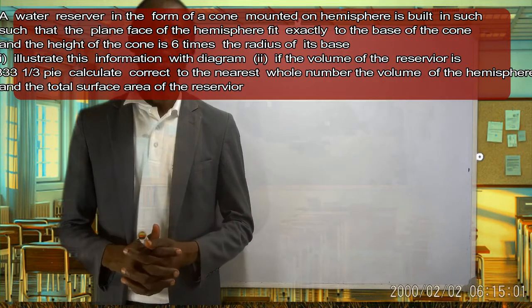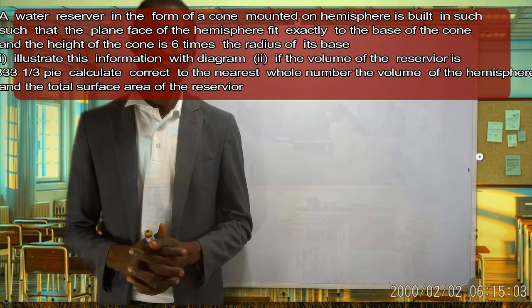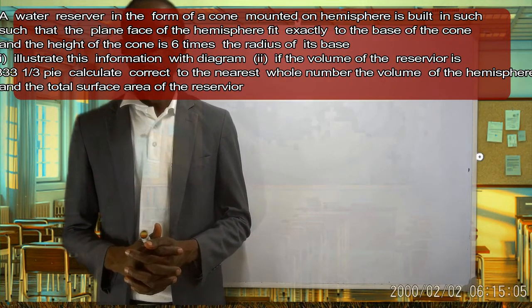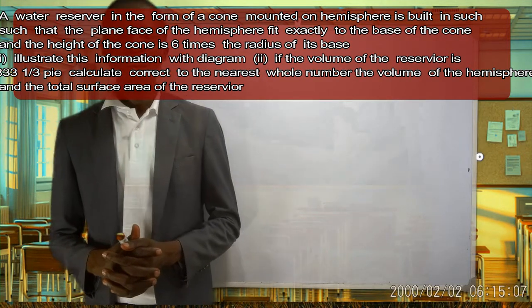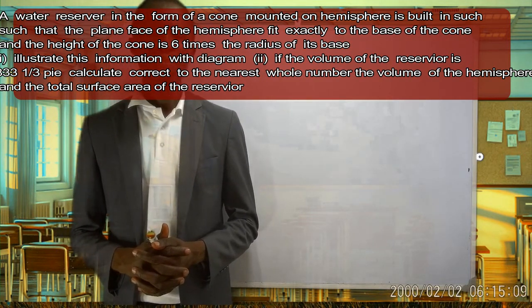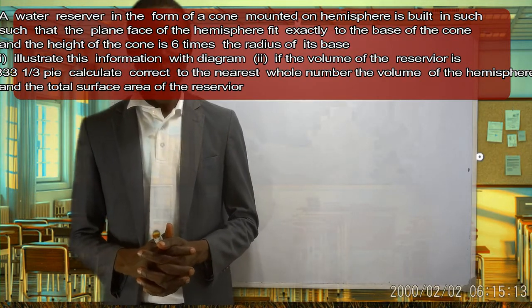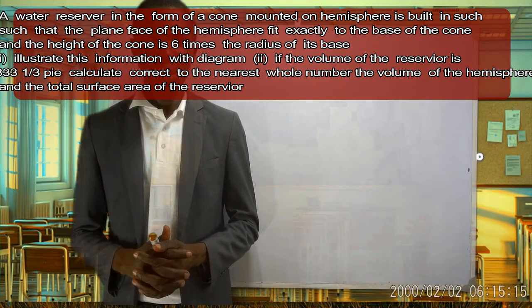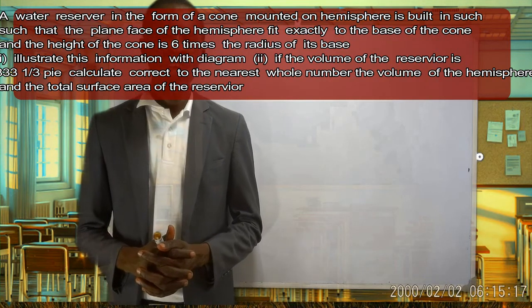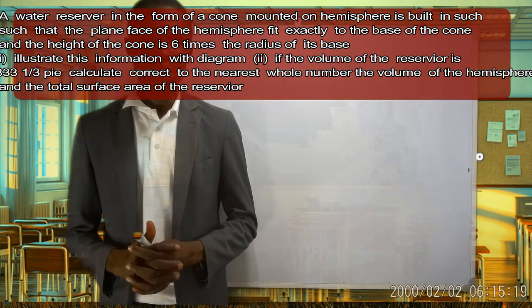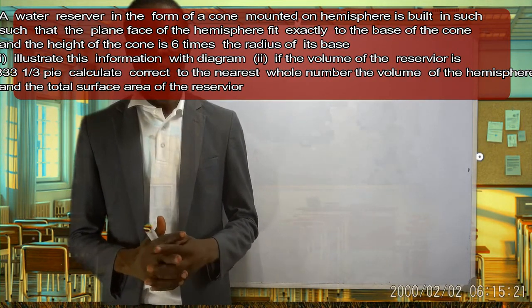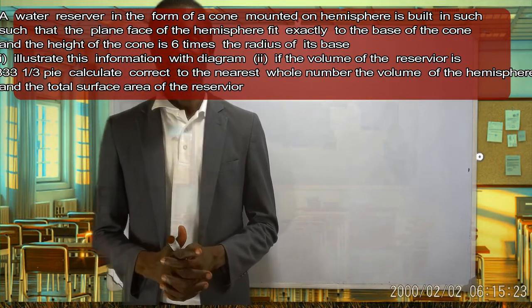Number 1, illustrate this information in a diagram. Number 2, if the volume of the reservoir is 333 1/3 pi, calculate, correct to the nearest whole number, the volume of the hemisphere and the total surface area of the reservoir. Take pi to be 22 over 7.